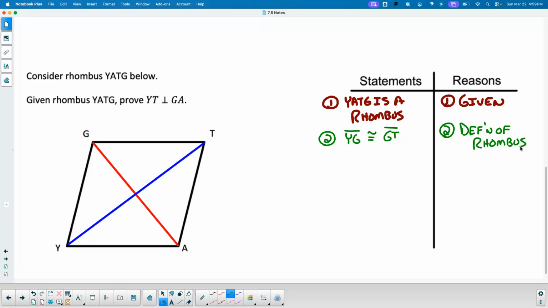That's the definition of a rhombus. So I know that I've got this, and I've got this. Let's call this intersection point right here point M.